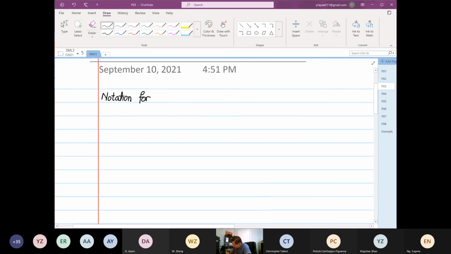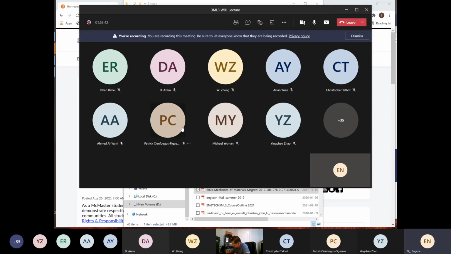Notation for elastic deformation. So elastic deformation has two modes. Under axial loading, okay, I better be specific.